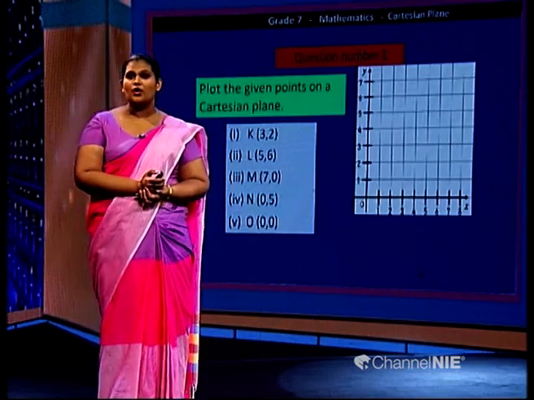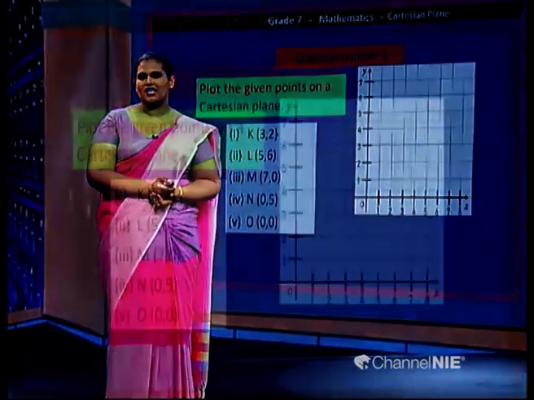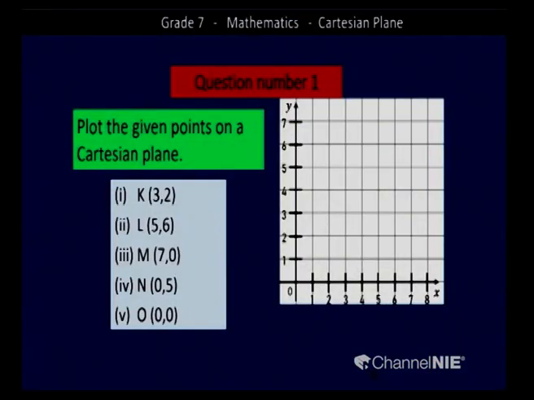I am sure you are going to do it before me, and you can check whether your answers are similar to mine. Right. First one, point K. The coordinates are (3, 2). That means the x coordinate is equal to 3 and the y coordinate is equal to 2.